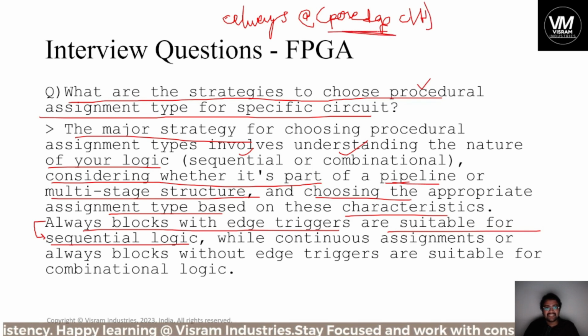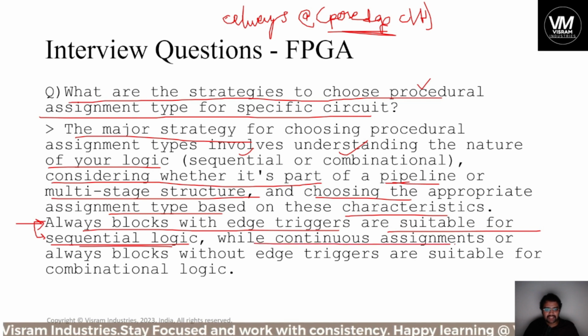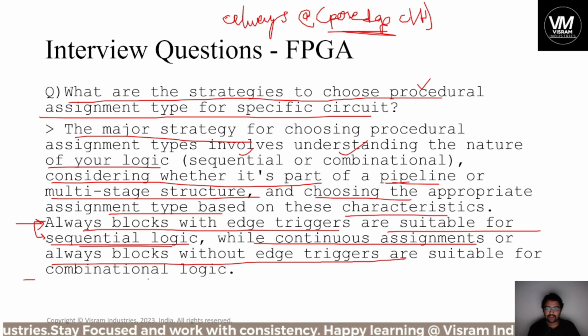This is called edge triggering. What we are understanding today is that always blocks with edge triggers are suitable for sequential logic, while continuous assignments or always blocks without edge triggers are suitable for combinational logic.